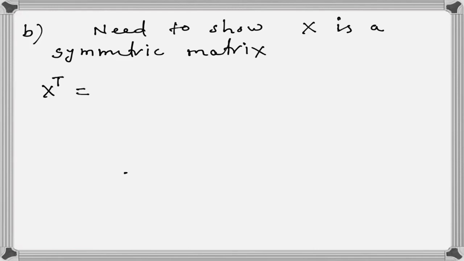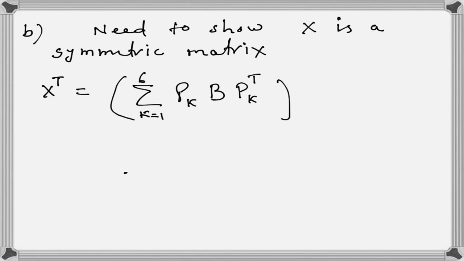So X transpose is the transpose of the sum over K equals 1 to 6 of PK B PK transpose.